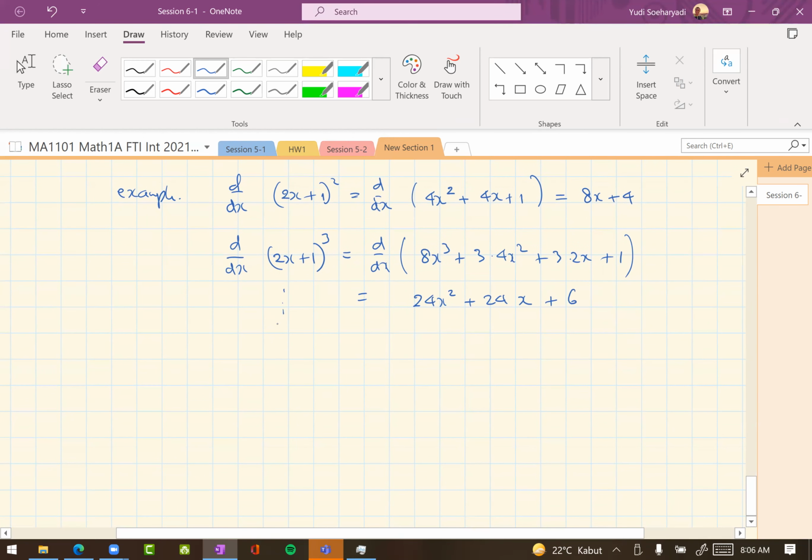It becomes more tedious if you compute this one, for example. It's not something difficult, but it's tedious.